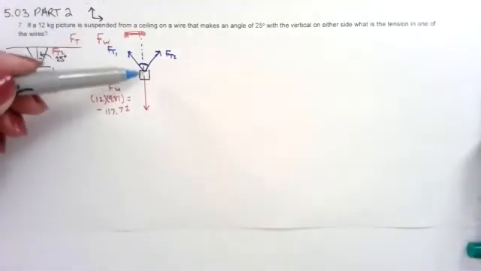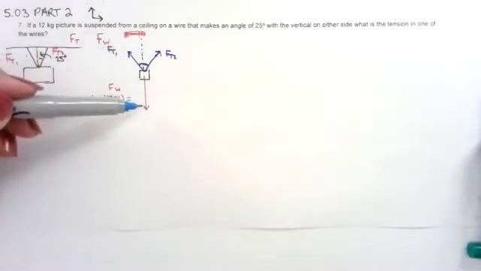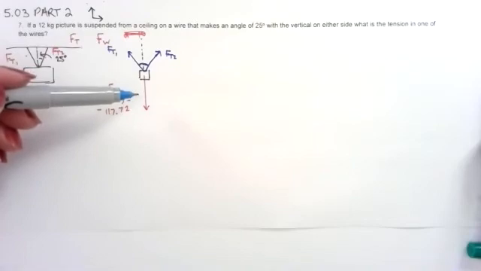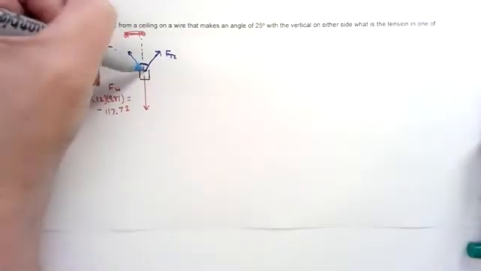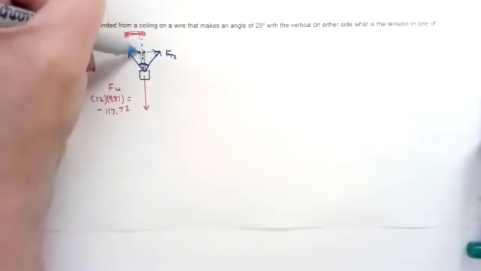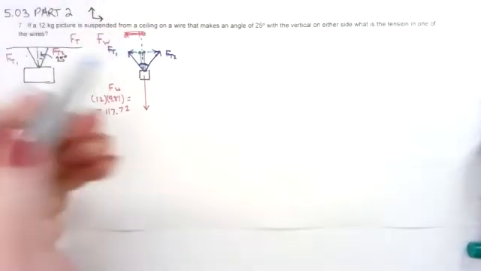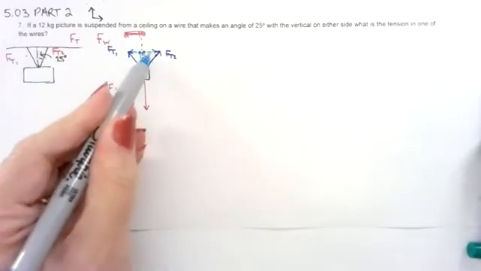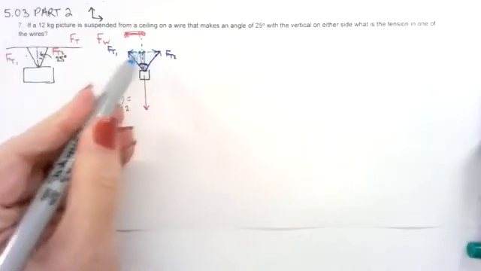So I can only analyze vectors that are parallel or anti-parallel. Is this parallel to this? It's not. In order to analyze this, we're going to have to draw in components. These vectors and this vector can be analyzed together, but these two are in a different plane.